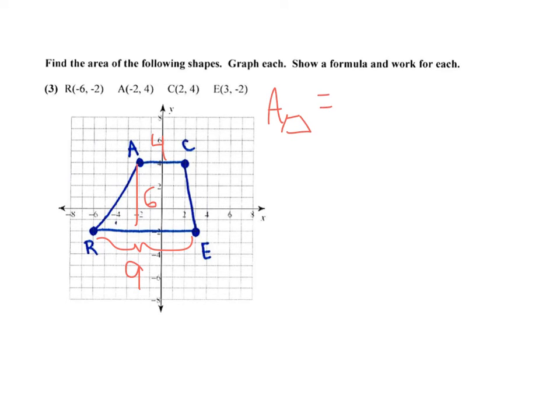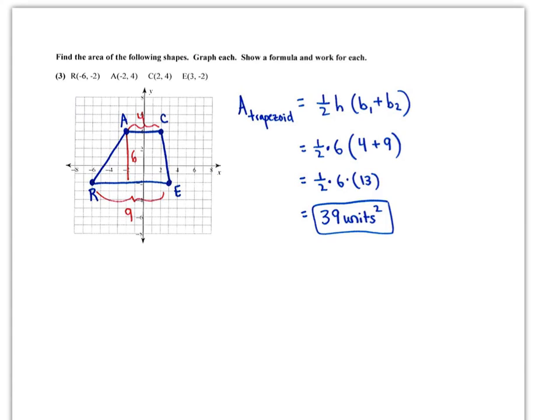So area of a trapezoid is 1/2 height times the sum of the bases. Go ahead and fill in those numbers. Pause this video, and then when you are done, unpause it. Your answer here is either 39 units squared or just write it as 39.